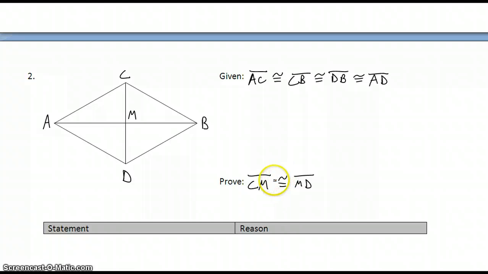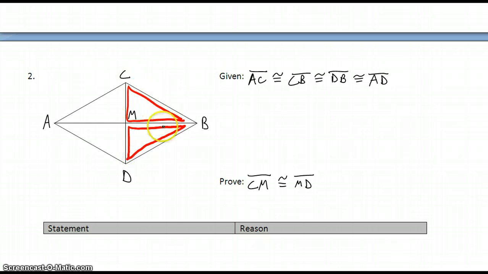In this proof, I'm trying to prove that CM is congruent to MD. Well, if I look just right, CM and MD are parts of 2 different triangles. I'm going to draw in those two triangles.